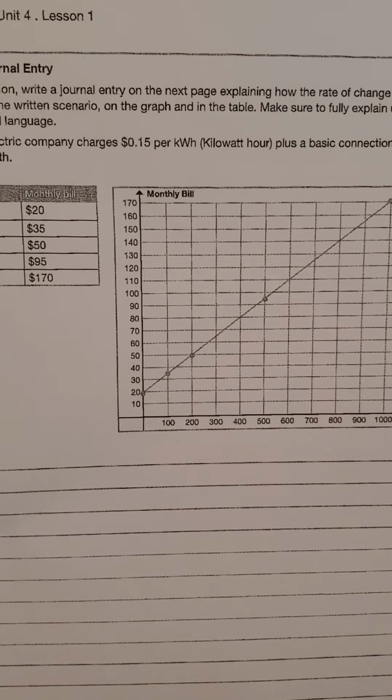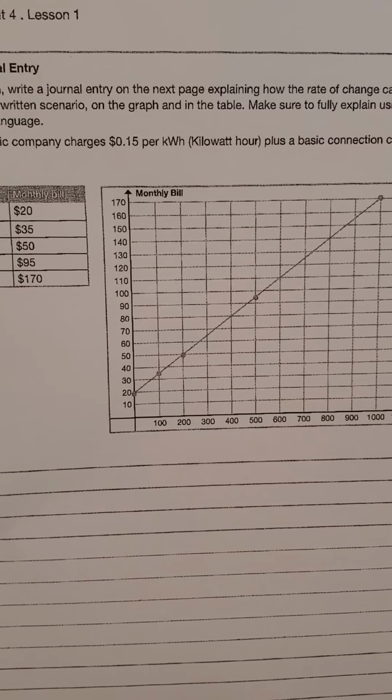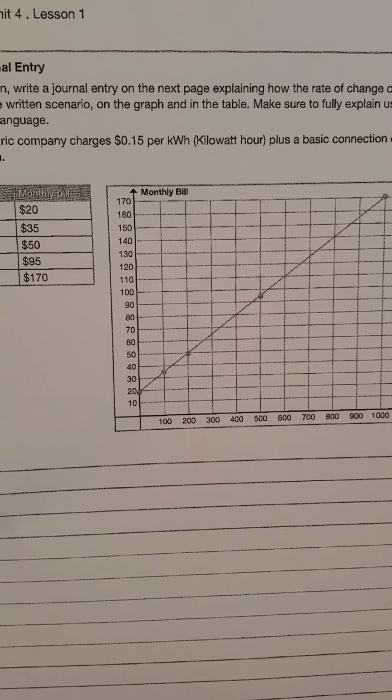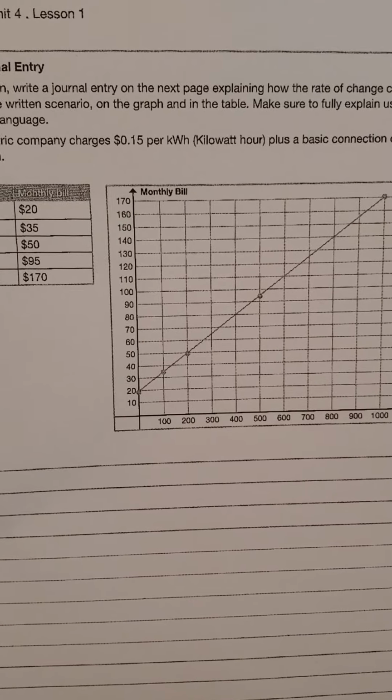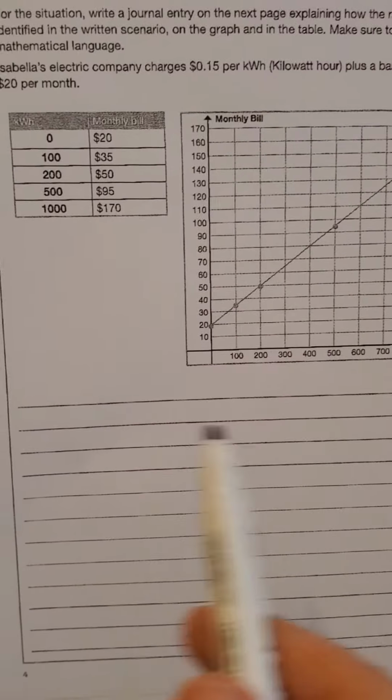Every kilowatt hour is another 15-cent charge, so that becomes my slope. Does that make sense? That becomes my slope, my rate of change. Now you're going to be writing down here. I'm going to write over here on the sideboard.